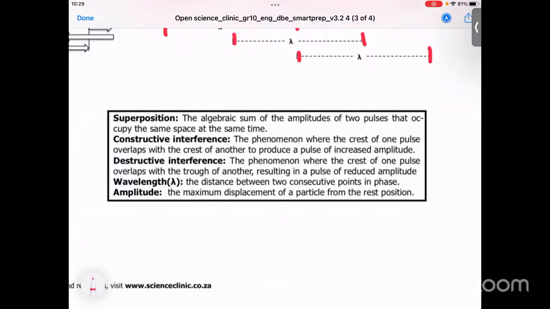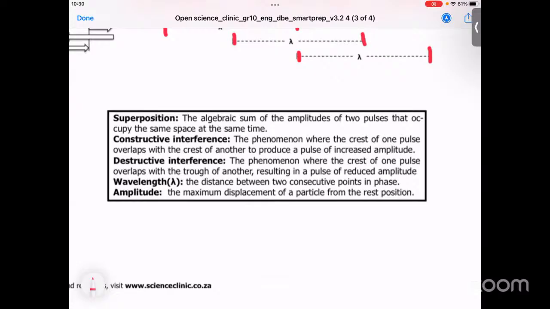Some key things to remember. Superposition refers to the algebraic sum of the amplitudes of two pulses that occupy the same space at the same time. I think we touched on that in an earlier lesson and did some calculations. Then interference: waves can interfere constructively or destructively. Constructive interference is the phenomenon whereby the crest of one pulse overlaps with the crest of another pulse to produce an increased amplitude.